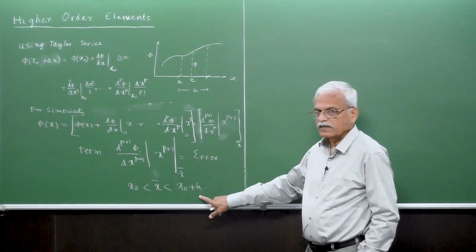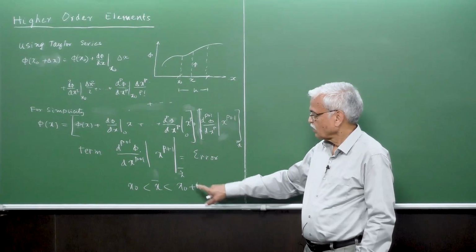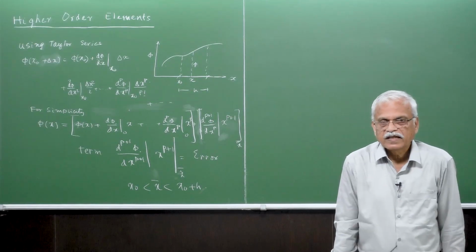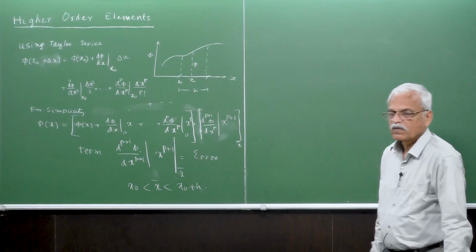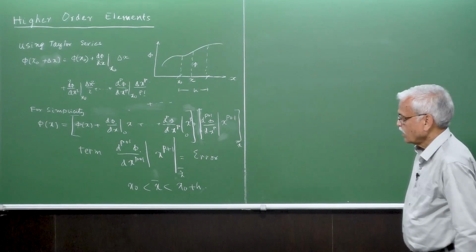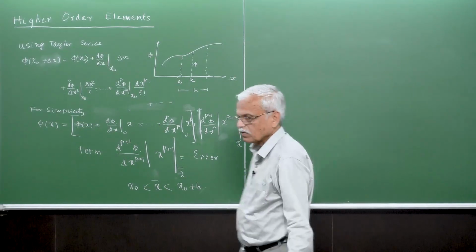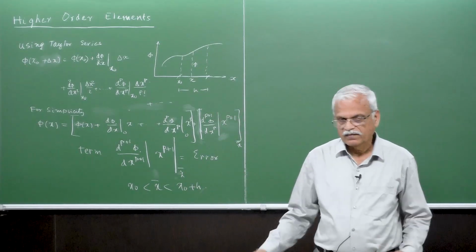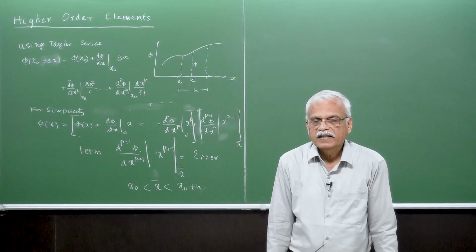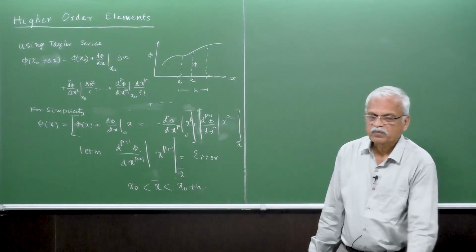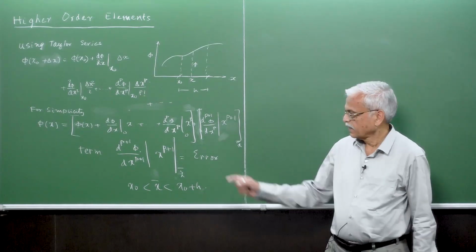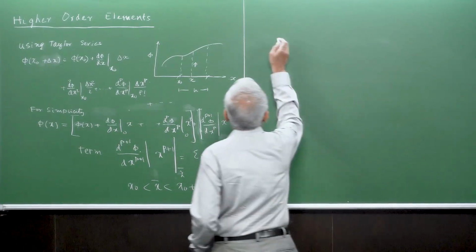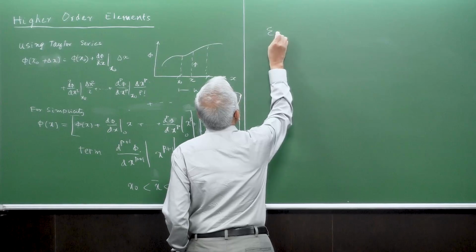If h is the element size, we want to make sure that as the element size reduces, the error becomes smaller and smaller. This is our goal. As the number of elements increases, that is, as the size of the element decreases, we expect that the error should reduce. So let's just write down only the error.